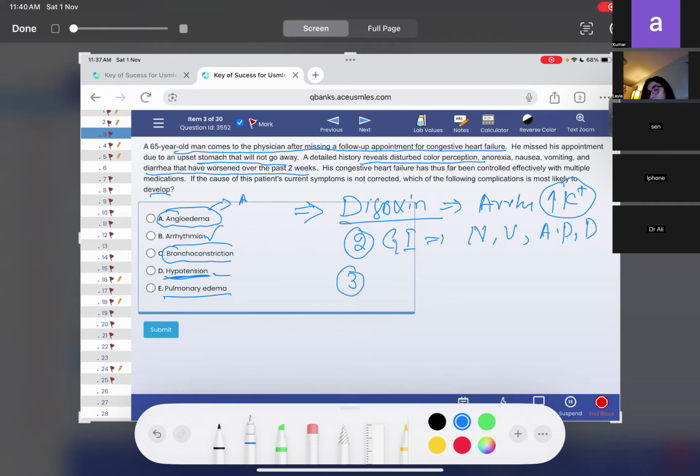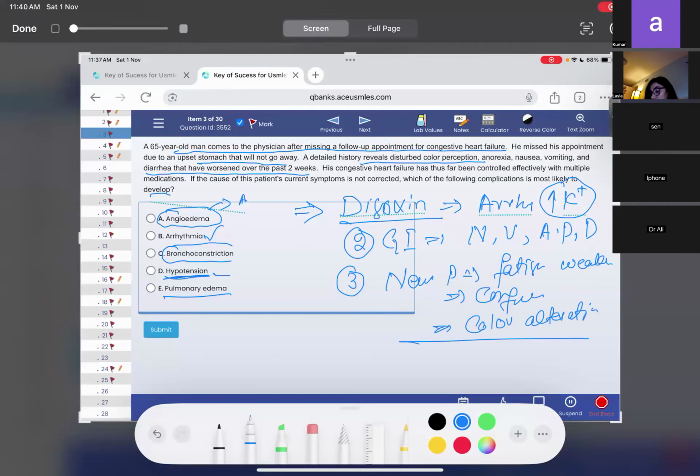And it has neurological problems like fatigue, weakness, confusion, and color alteration. So these are some of the side effects most probably associated with digoxin.